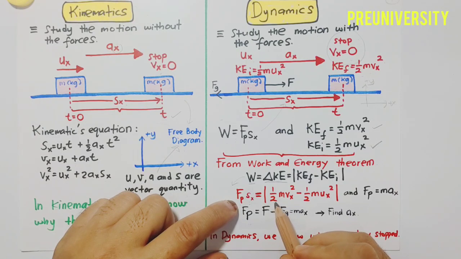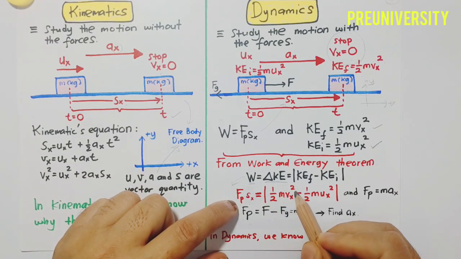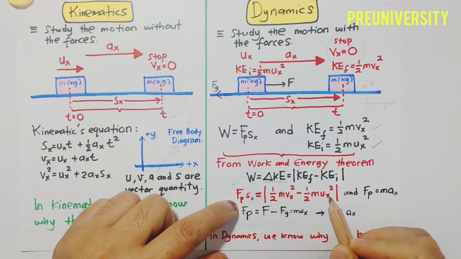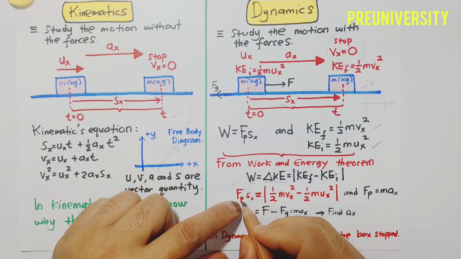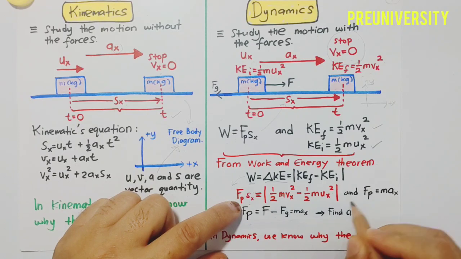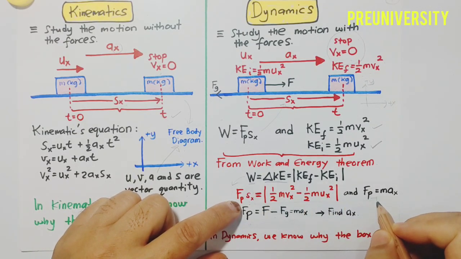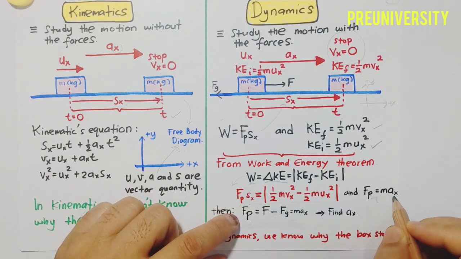And then Fr is the resultant force, which can be related to Newton's second law: Fr is equal to max.